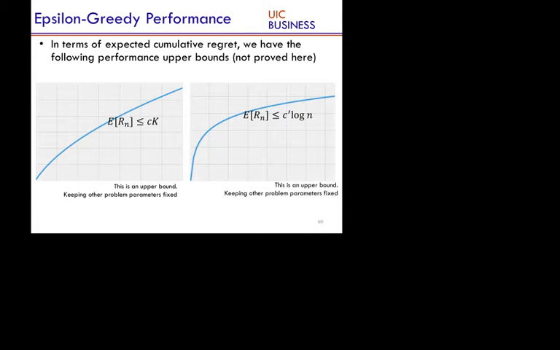So the trick is that this is a nice theoretical guarantee to have: irrespective of whatever instance you give me, this algorithm will eventually figure it out, such that the average regret goes to 0. Basically, the cumulative regret is upper bounded by some curve which is logarithmic with respect to the number of rounds.